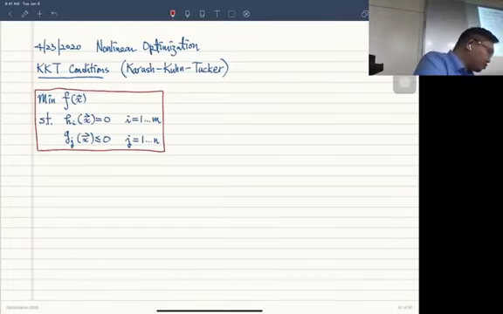So if we are able to find some d that satisfies 1 and 2, what does that mean? That means the new point is still a good point, and it's actually a better design than the current one.